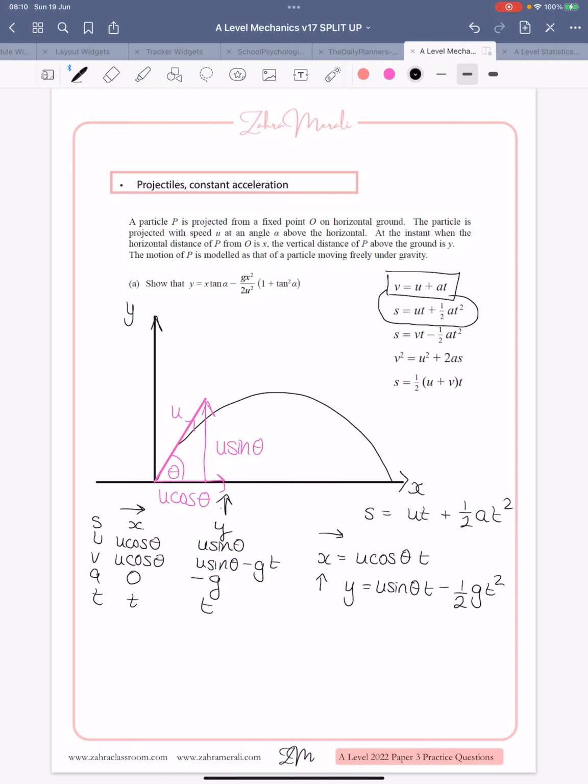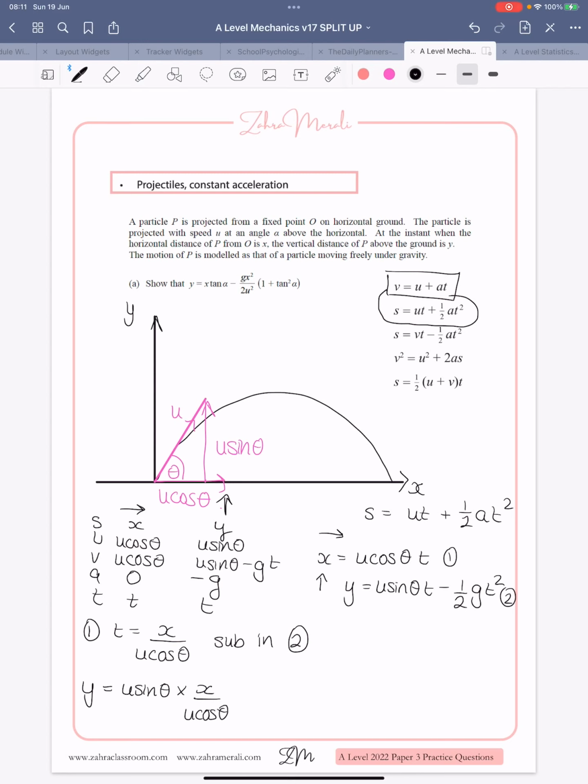Okay, now if you have a look at this expression compared to the expression above, there's no t, so we want to rearrange this for t. So we take that first one and we say, well, t equals x divided by u cos theta. And we sub into 2. So we get y equals u sine theta times by x over u cos theta.